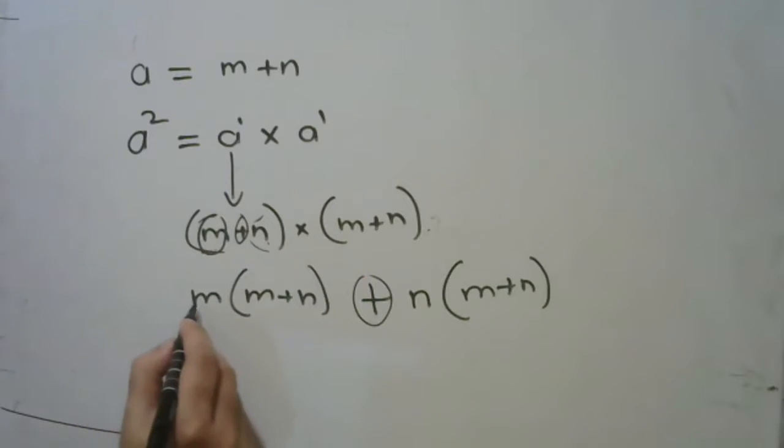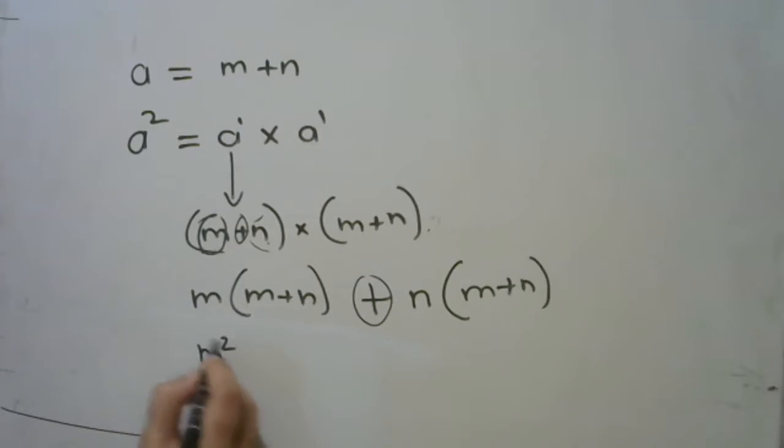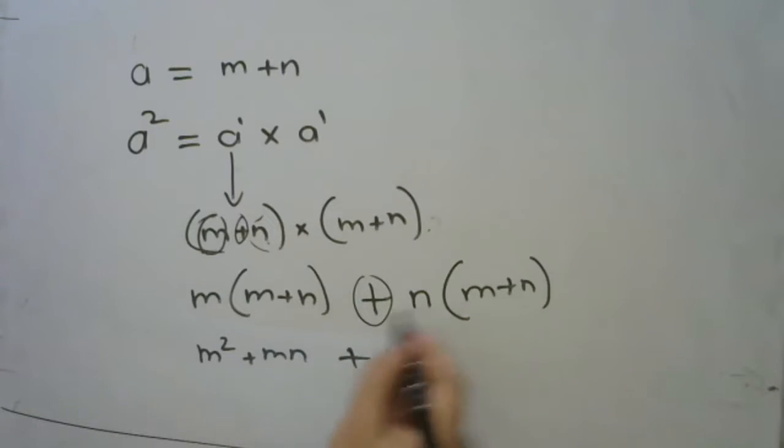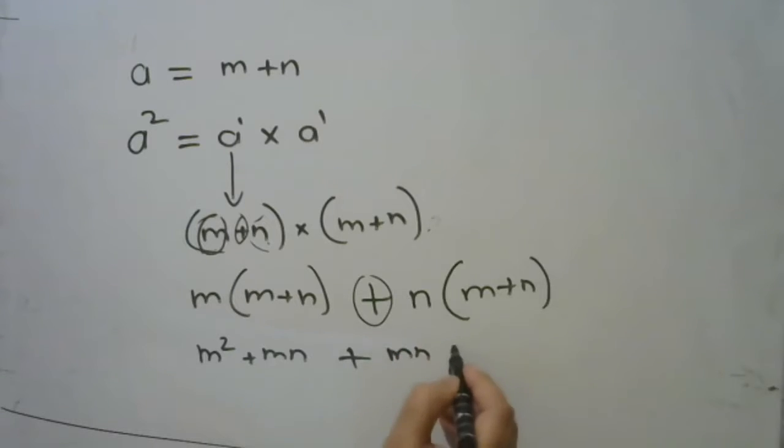So what you get, m by m is m squared, m by n is mn, plus n by m is mn, nm and mn are the same, and n by n is n squared.